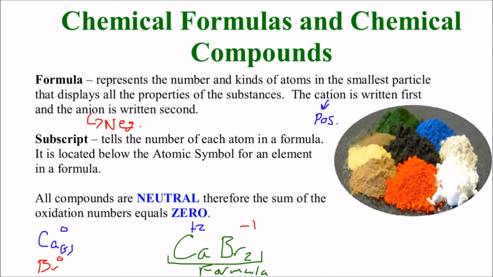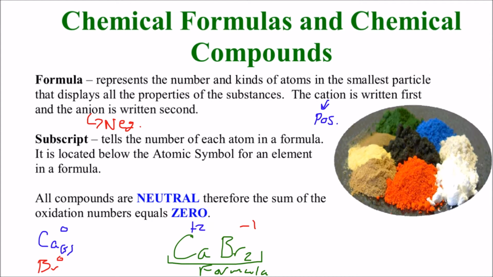Alright? Now we have 2 bromines. So 2 times -1 gives us -2. And that -2 cancels out with this +2 so that we can have a 0 charge overall. Okay? This 2 right here is a subscript. Okay? It's telling me that I have 2 bromines.